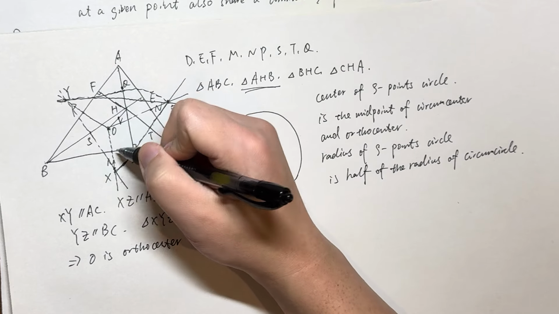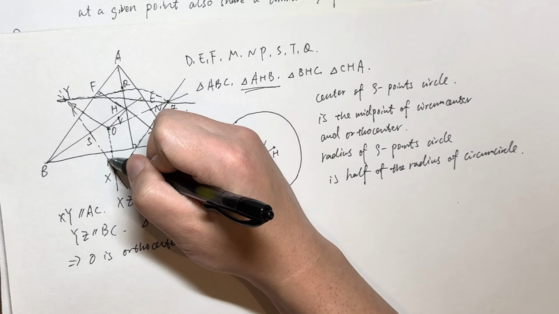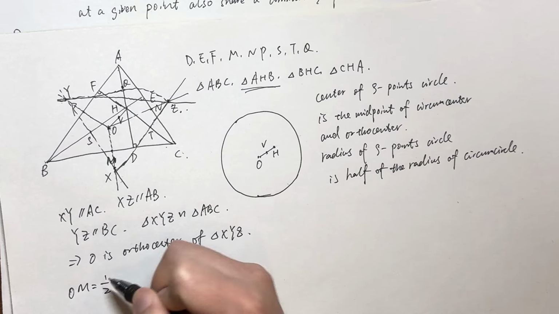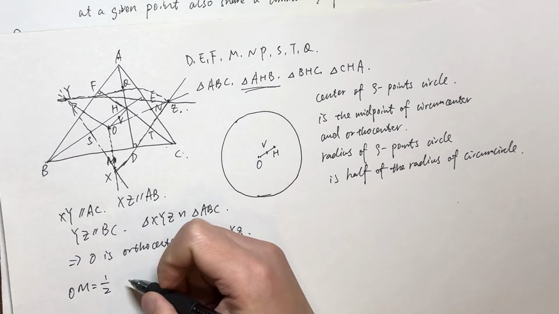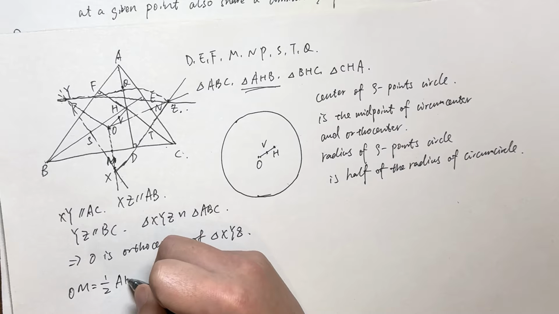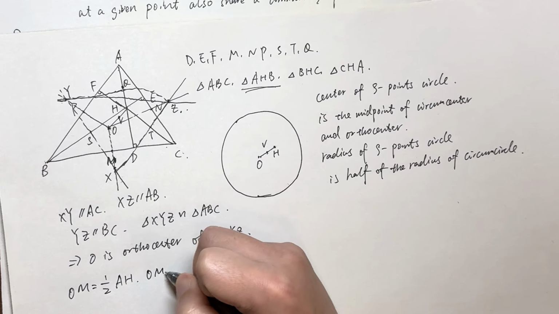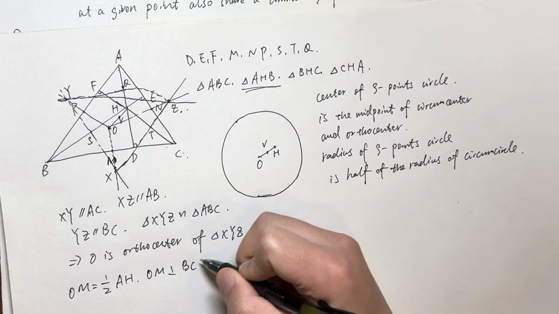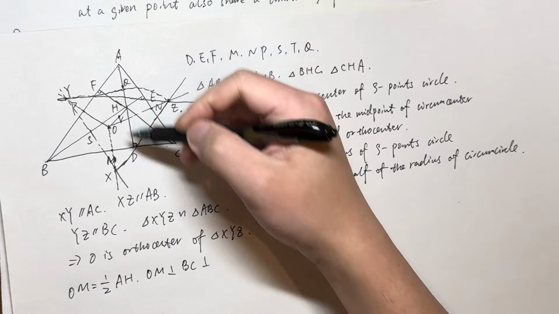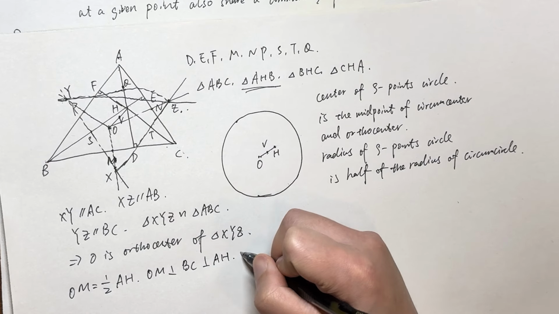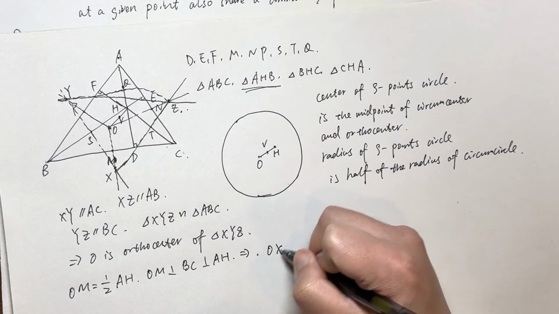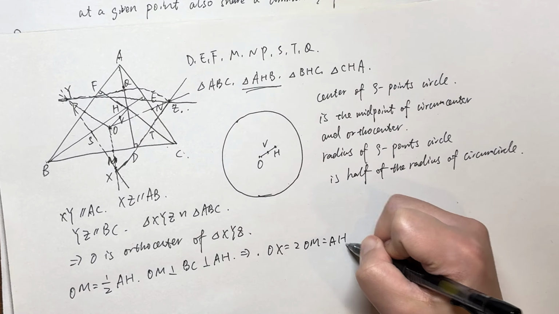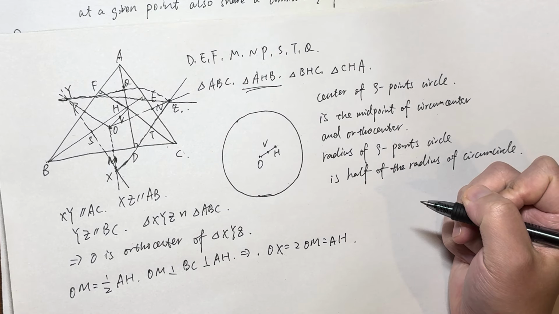And we know that OM, this point is M, right? We know that OM equals half of AH. And we know that OM is perpendicular to BC and BC is also perpendicular to AH, which means that OX equals twice OM, which equals AH, right?